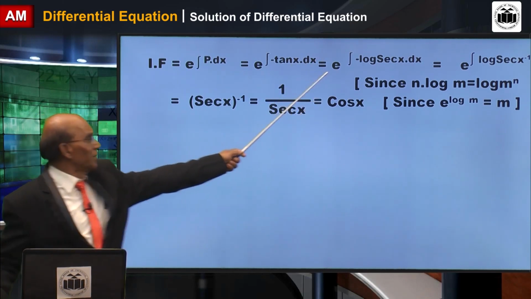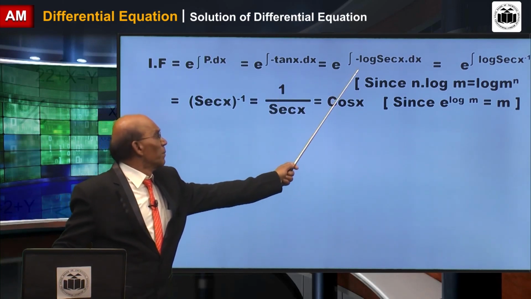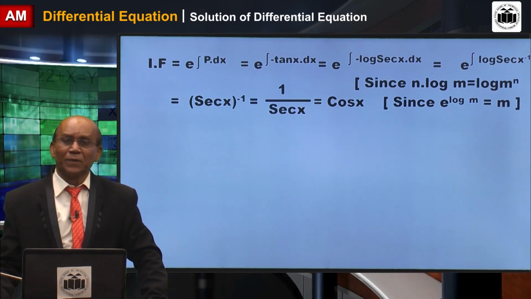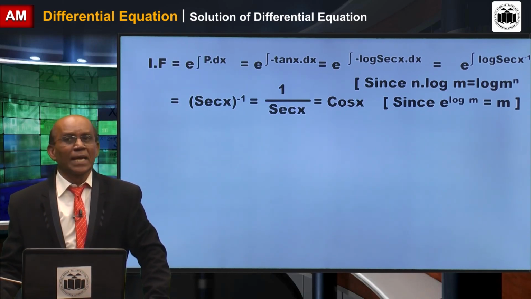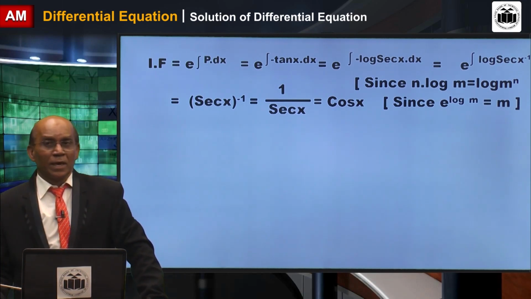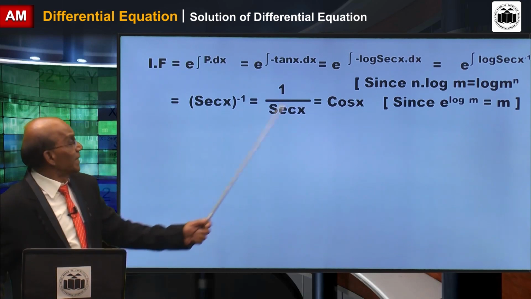So the integral of minus tan x is minus log sec x, and if we simplify further, we get e raised to log sec x raised to minus 1. Now we are going to apply this law.